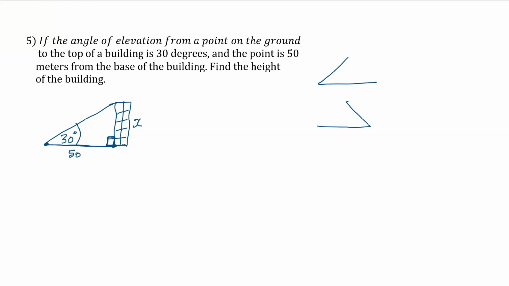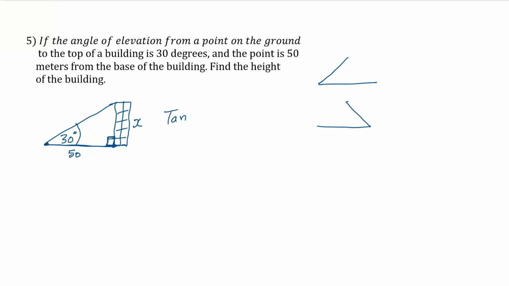So this would be the height x. All right, so same idea. We have to use a trig function because we only have one side and one angle. So again, what do we have? x is opposite to the 30, right? So we need opposite, and 50 is adjacent to the 30. So we need something that involves opposite and adjacent. And again, that would be tangent.